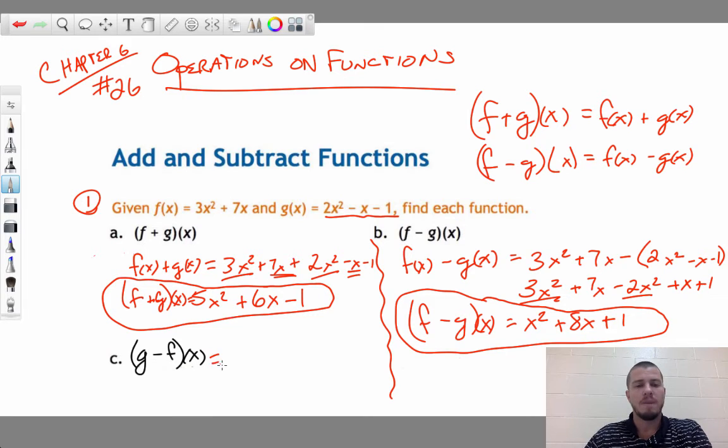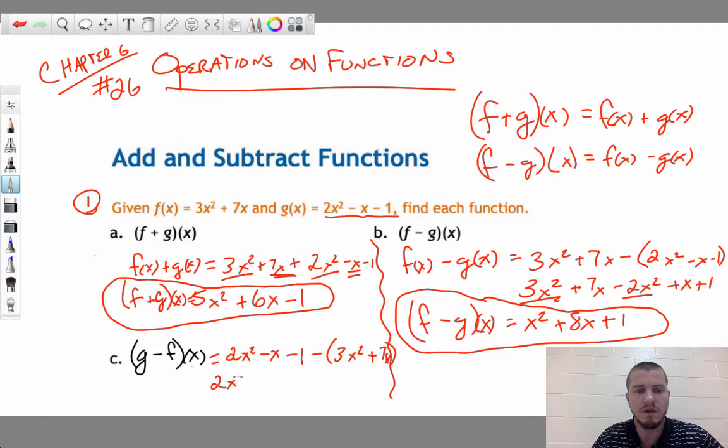And the last one, if I do g plus f of x, it's going to be the same thing because they're adding. But g minus f would be different. So if I'm looking at g minus f, that's going to be 2x squared minus x minus 1, and then I'm subtracting this f of x function, 3x squared plus 7x.